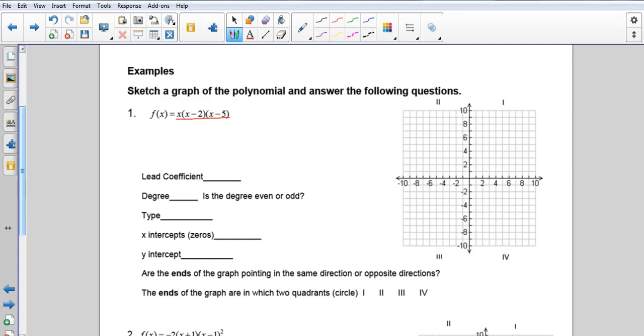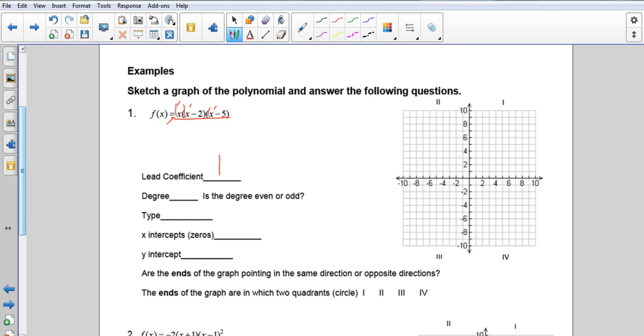So the lead coefficient. Well, eventually we're going to multiply x times x times x right there, and we're going to get an x cubed. But it's just going to be 1 x cubed. There's no coefficient out here other than 1. 1 and 1, so our final answer is going to be 1.